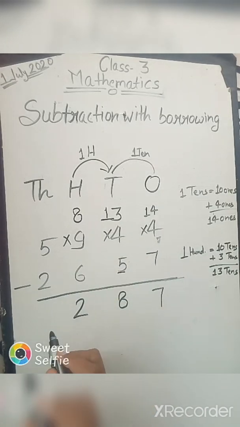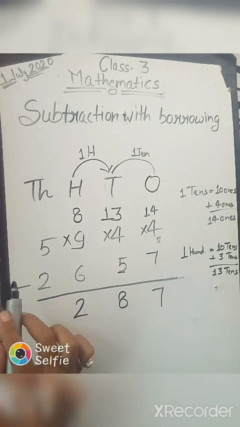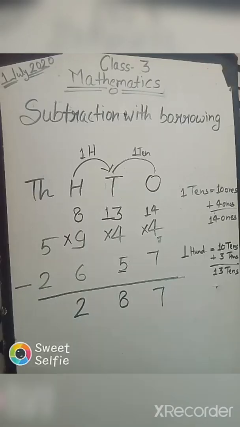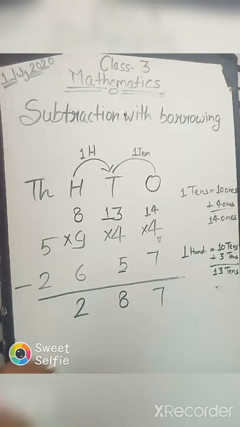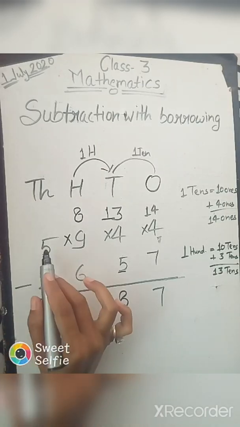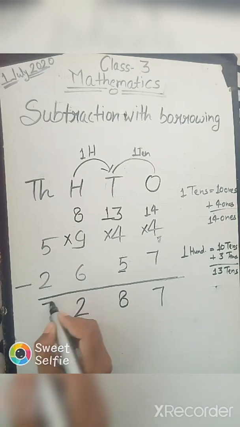Okay, and now at the 1000 place, we have to subtract 2000 from 5000. So we can easily subtract it. 5 minus 2 is equal to 3.